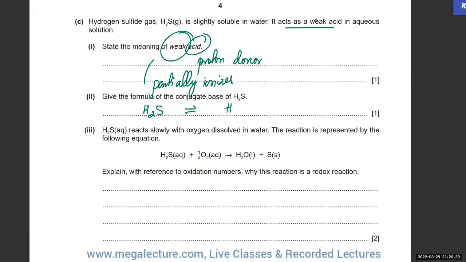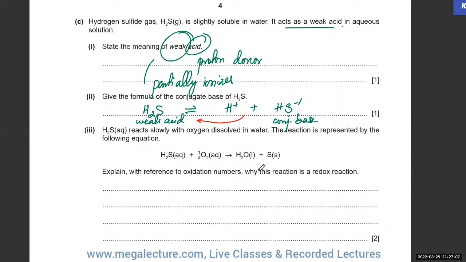If it loses an H+ ion, it would form the HS- ion. So it's behaving as a weak acid. Any weak acid, when it ionizes, turns into a conjugate base. And what is a conjugate base? A conjugate base is the opposite. In the reverse direction, it's going to gain the H+ back again. So that's why it's behaving as a base.